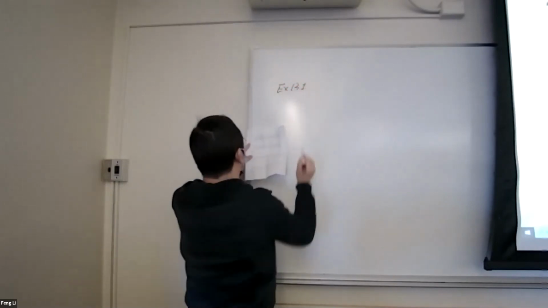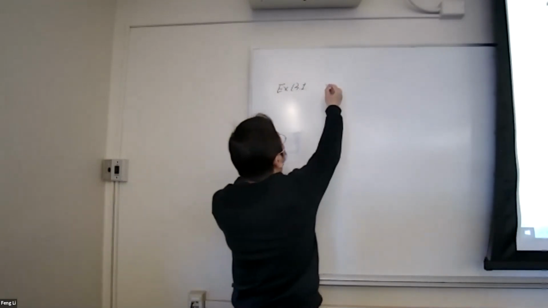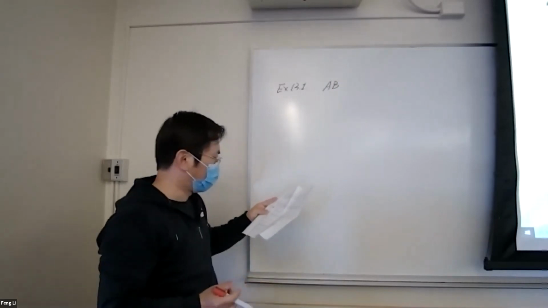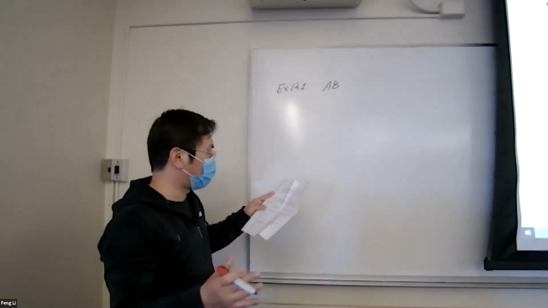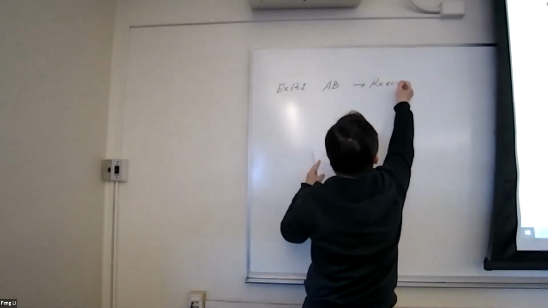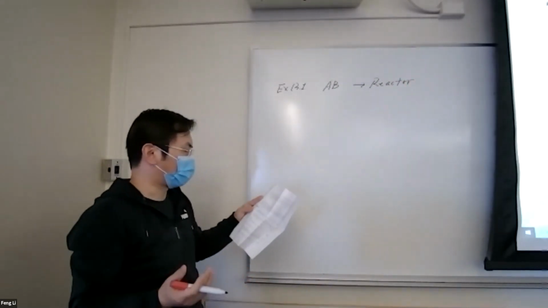Example 13.1. So we assume there is a gas, the composition is AB, and this AB is introduced into a reactor, a chamber, for chemical vapor deposition.